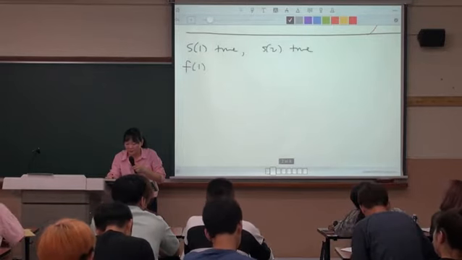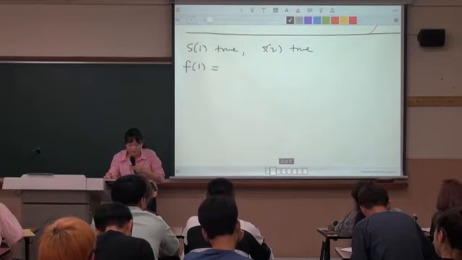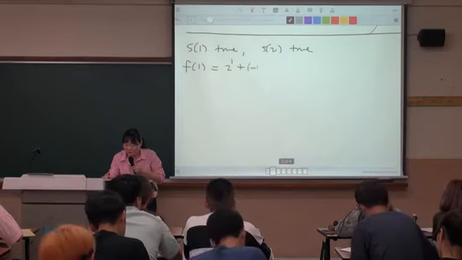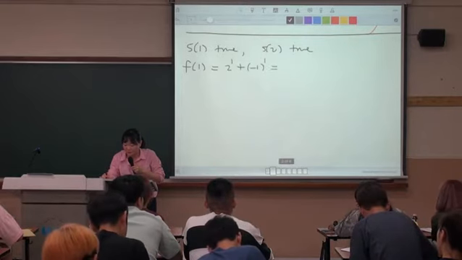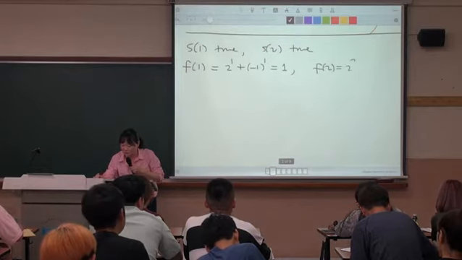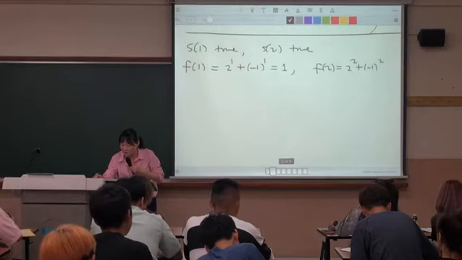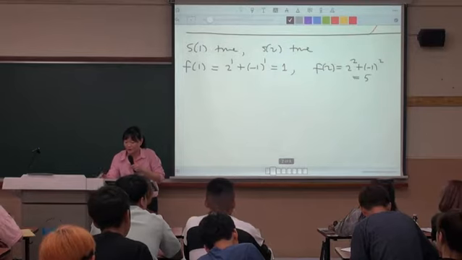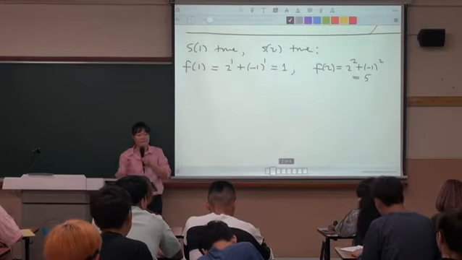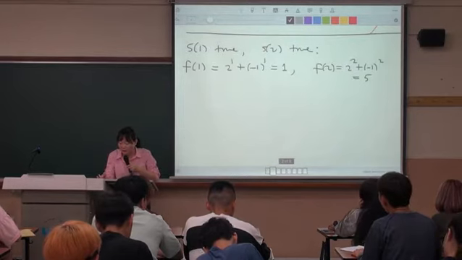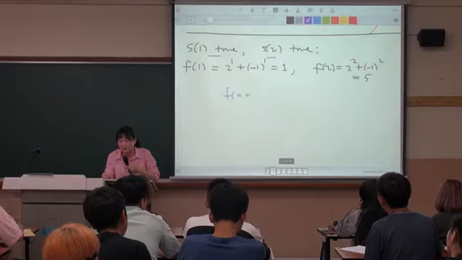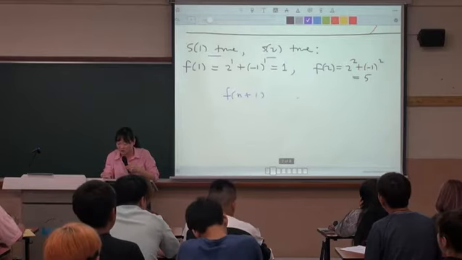That meant F of 1 is 2 to the 1 plus minus 1 to the 1, that equaled 1. And F of 2 was 2 squared plus minus 1 squared, and that equaled 5. We checked this, right? We check both, because this formula starts from 3. So we checked two cases.